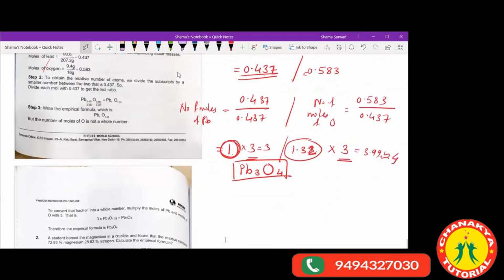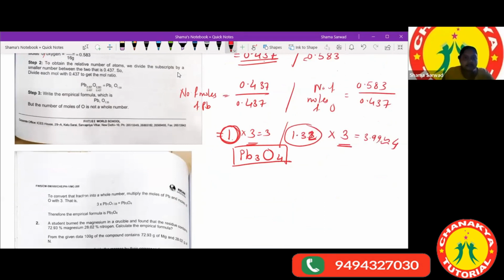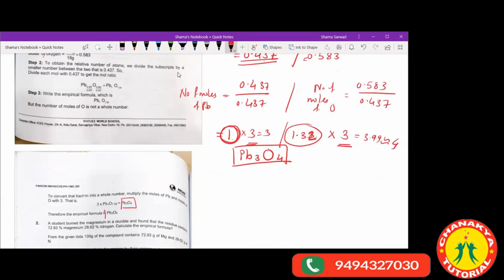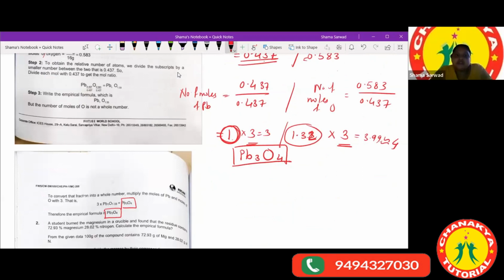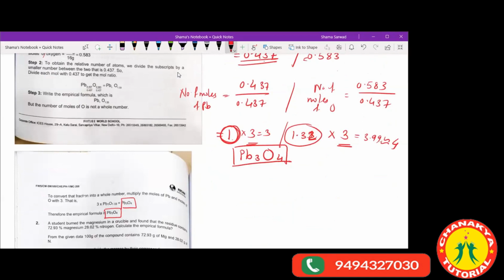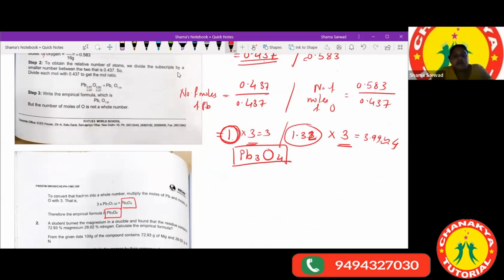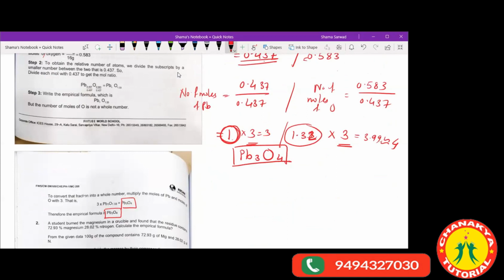Here it is. Check this. Pb3O4, isn't it? Understood? Okay, fine. So the other one, can you do by yourself? Okay, go for it.